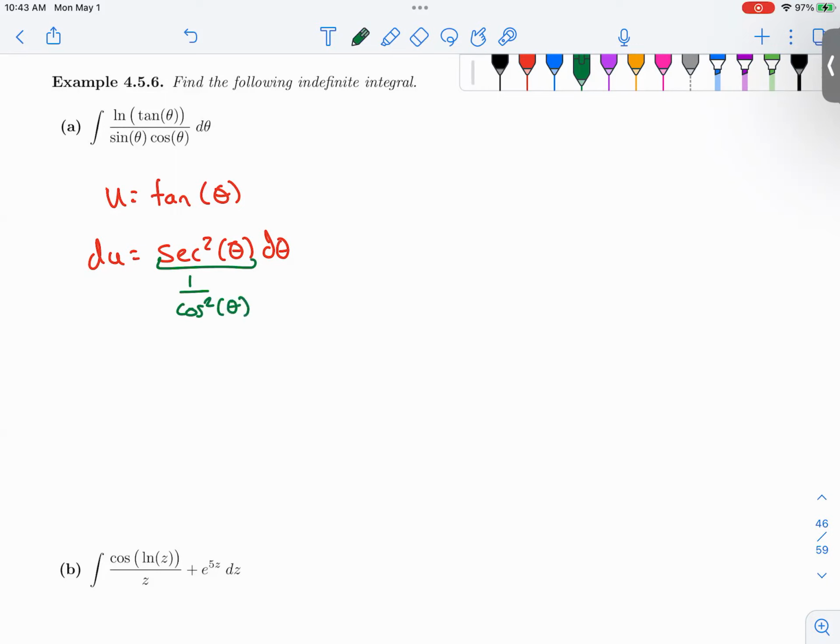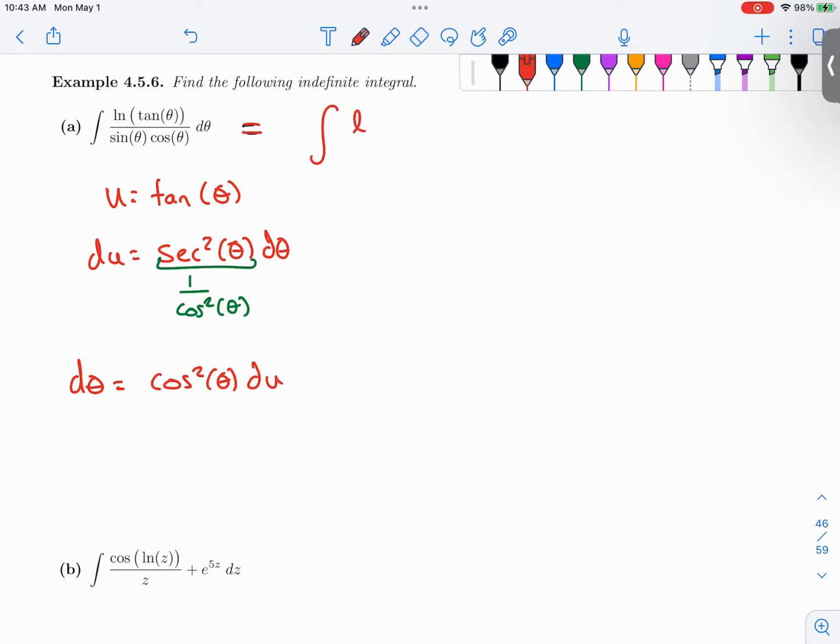So to solve for d theta, what should I do? Multiply by cosine squared theta. So d theta would be cosine squared theta du. So this becomes the integral, still not in the correct format.